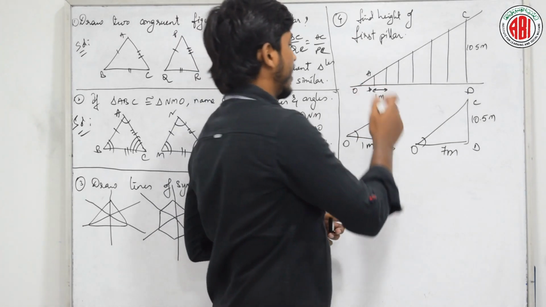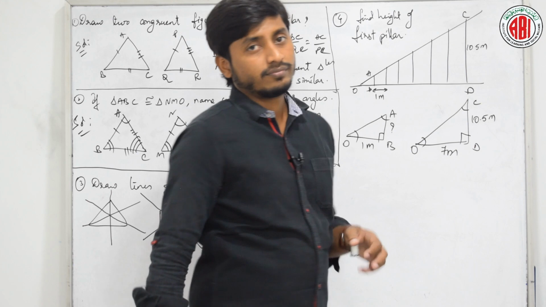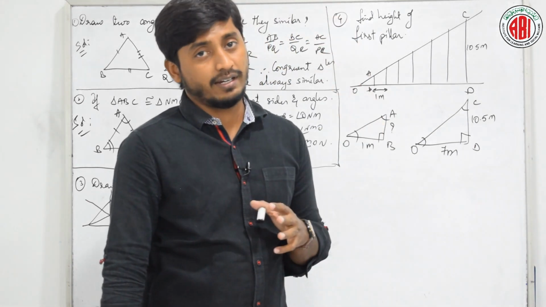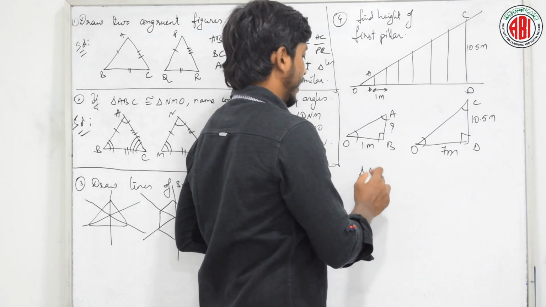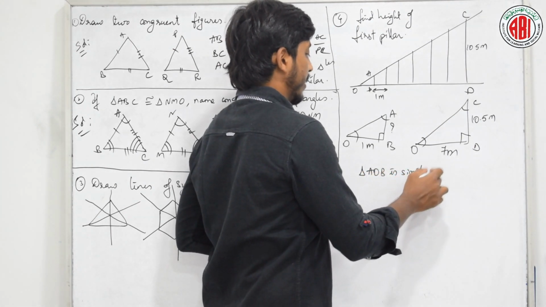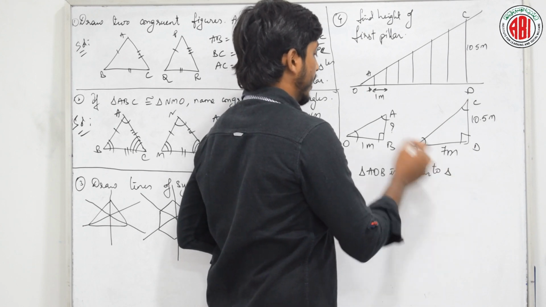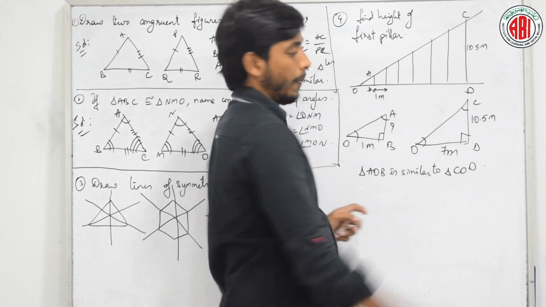Since they are parallel, these both angles are also the same and this is obviously 90. Pillar means it should always be straight. Therefore, triangle AOB is similar to triangle COD.